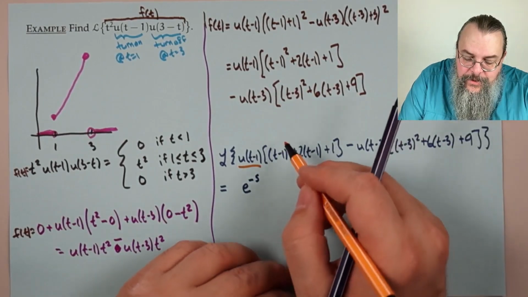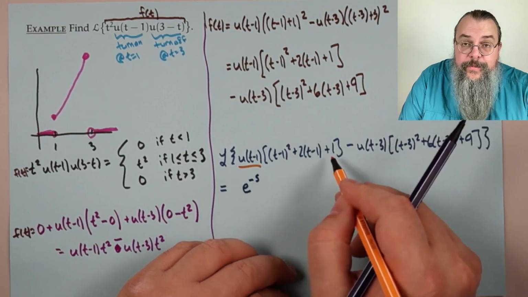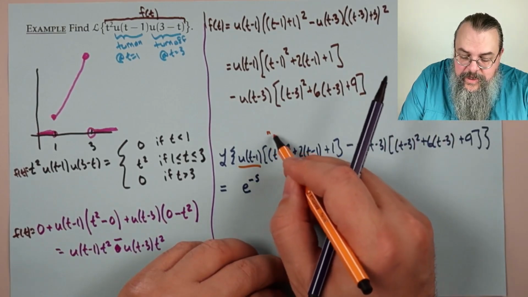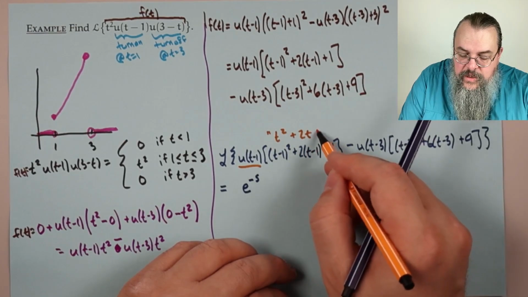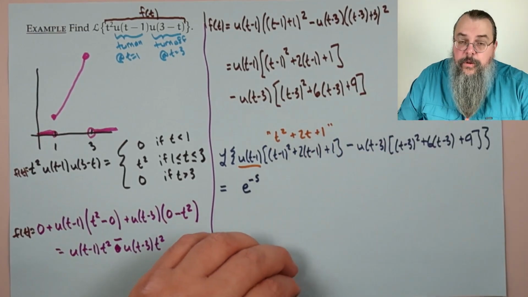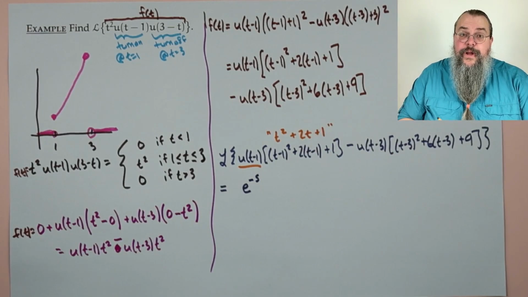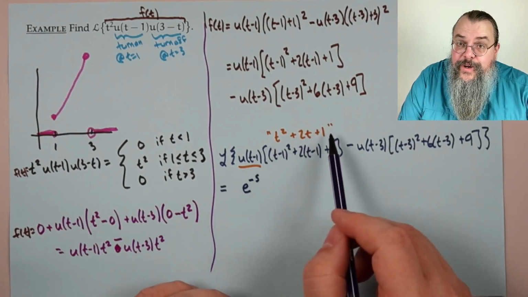What do we do? Well, what would there be if there weren't t minus 1s? This looks like, we'll put in quotes here, t squared plus 2t plus 1. So we're going to apply the Laplace transform to this expression.